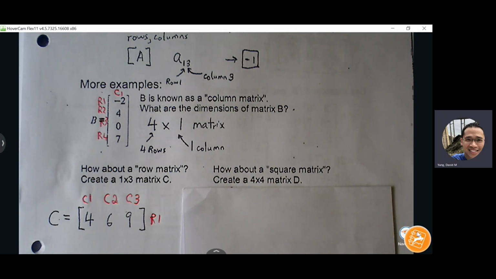And what do you think the definition of a square matrix is? Yeah, where the row and column are the same, so it could be a 3 by 3, it could be 2 by 2, it could be 4 by 4. So see if you can create a 4 by 4 matrix D. Again, the numbers can be anything you want.